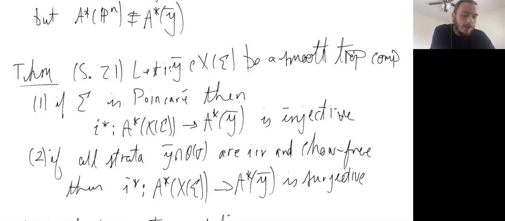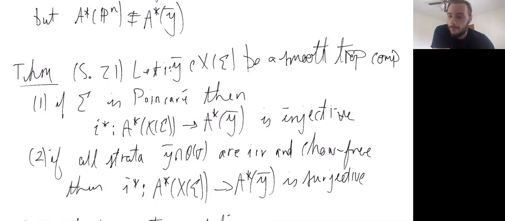The really interesting part here is finding criteria to determine when this fan sigma is Poincare and when these strata are all irreducible and Chow free. I'm not going to get into a lot of details on this because it's not what I want to focus on, but it gets into very interesting concepts in tropical intersection theory.